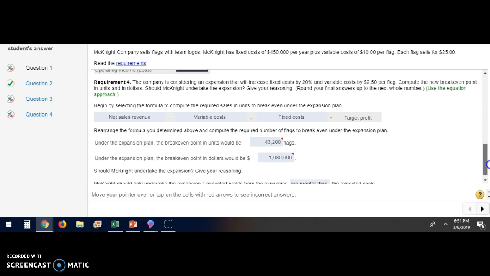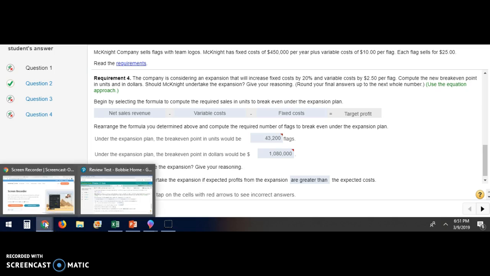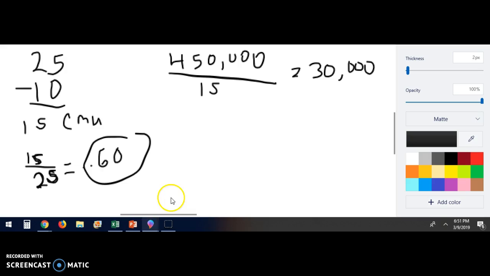Requirement 4, now we're going to increase fixed costs by 20%. So let's think about that. Fixed costs were $450,000. So we're going to have 100% plus 20% more, so 1.20.